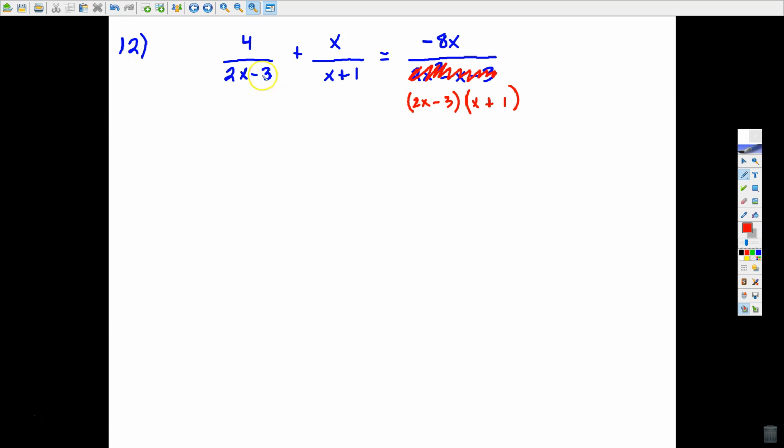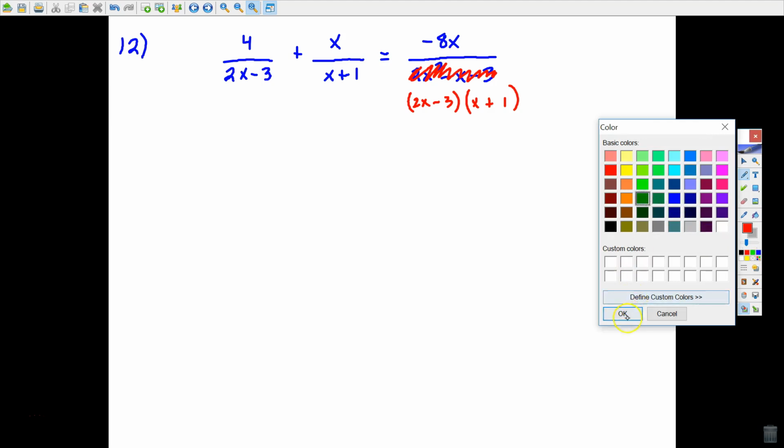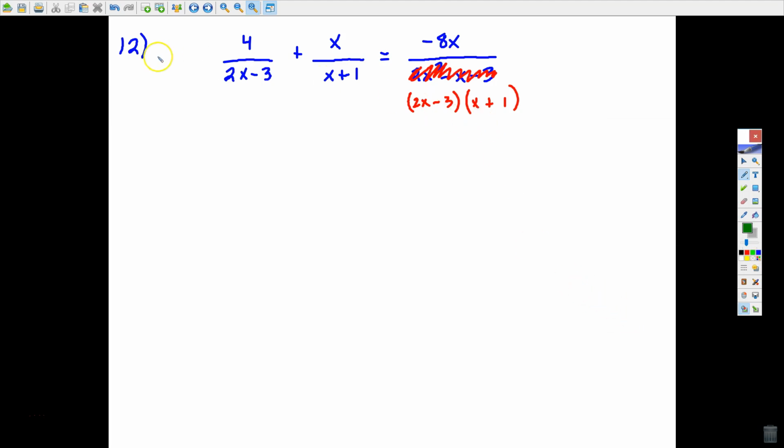The reason for factoring everything is so we can come up with the LCD and multiply by the LCD on both sides of the equation. So the LCD is 2x minus 3 times x plus 1. I'm just going to show that that's multiplied on both sides in order to clear the denominators and turn this rational equation into a non-fraction equation.